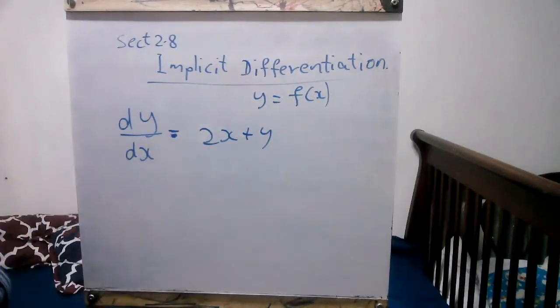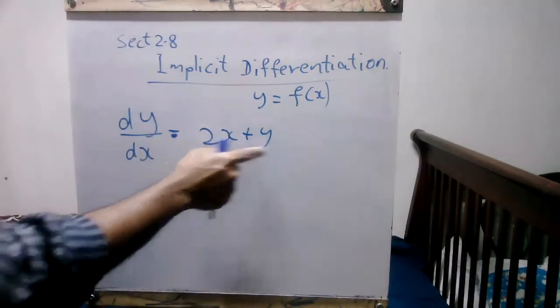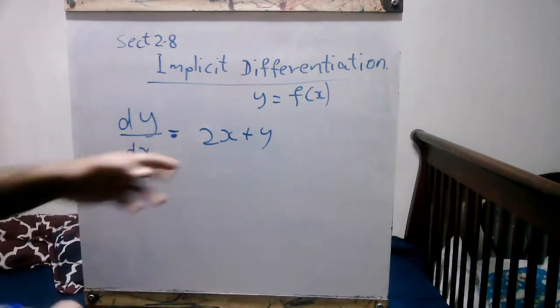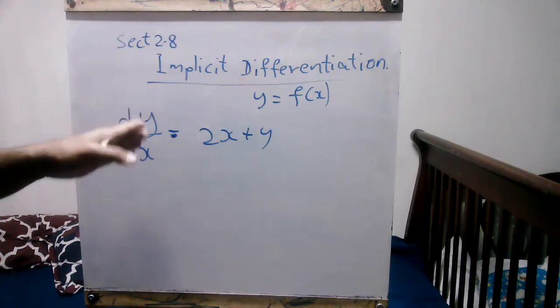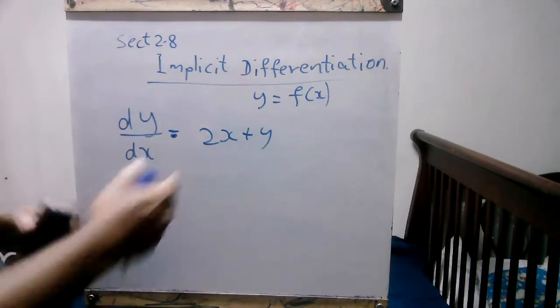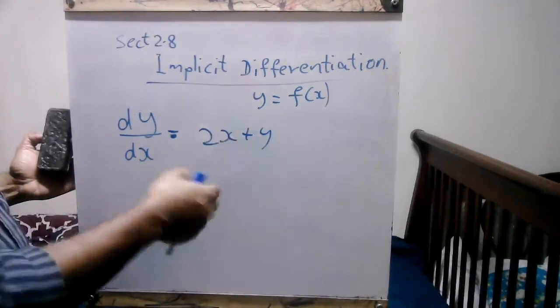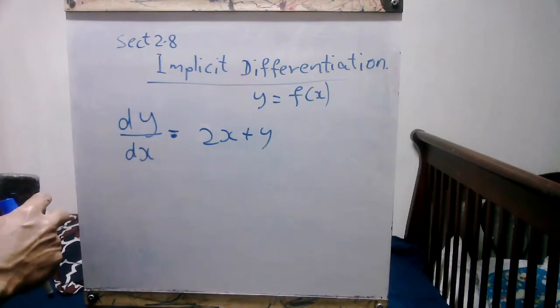When we find dy/dx, we have both x and y. That is fine. Why? We want to find the derivative at a particular point, so we have x and y coordinates, and we can substitute here and find the derivative at that point, right?